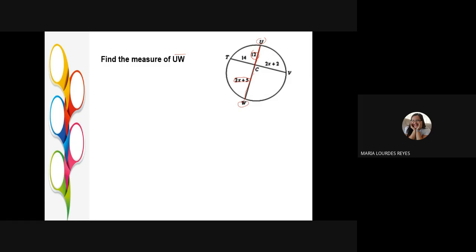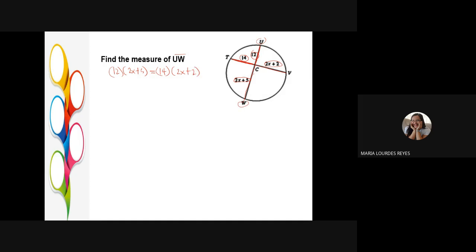So if we multiply 12 and 2x plus 5, that is also equal to TC, which is 14, multiplied by CB, which is 2x plus 2. So, pwede kong isulat dito na 14 times 2x plus 2.